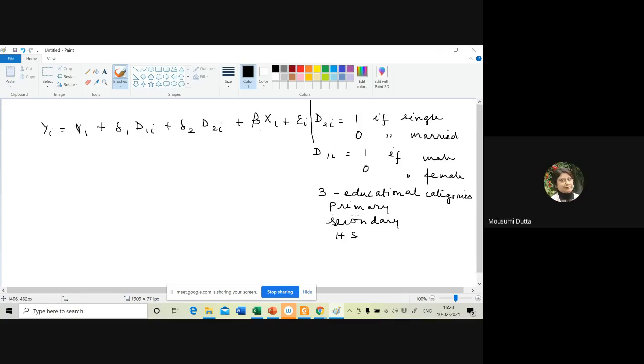So let's define D3i is equal to 1 if primary, 0 otherwise, and D4i is equal to 1 if secondary.